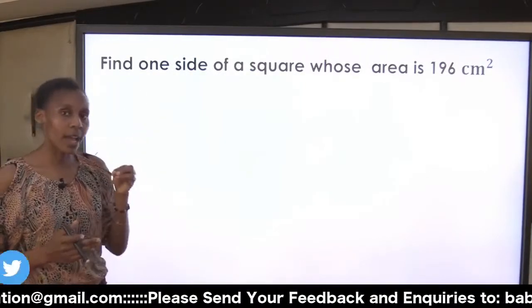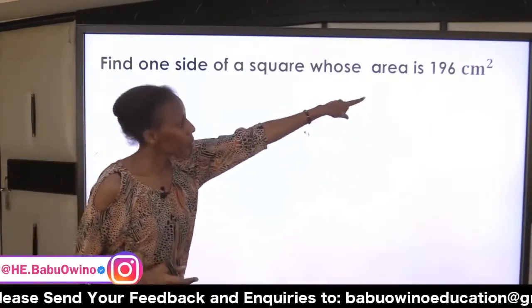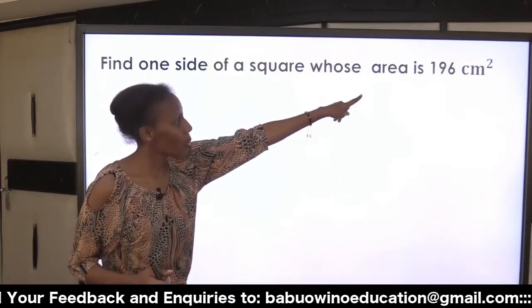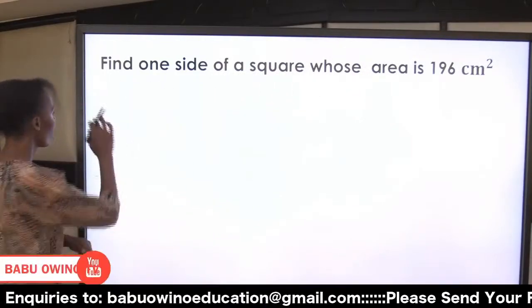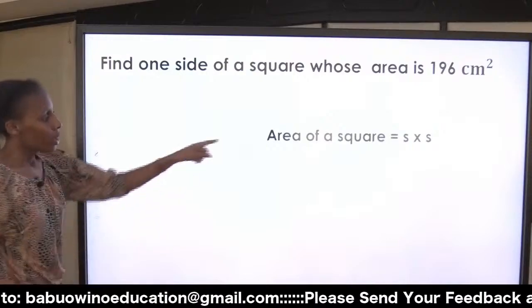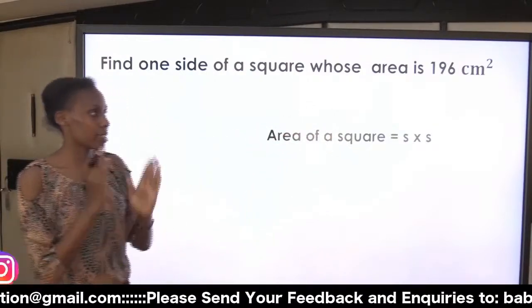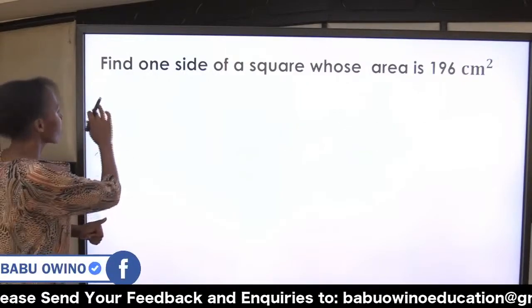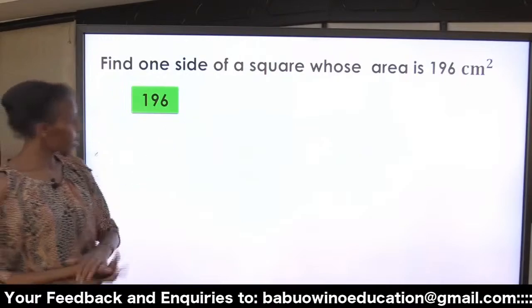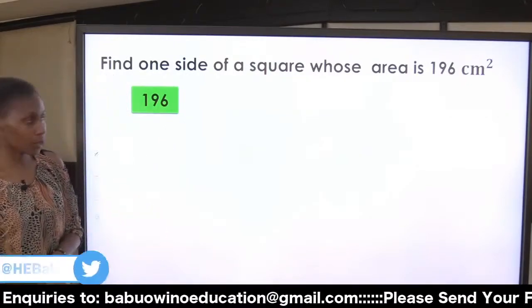The same number we multiply by itself to get the area. So we are going to apply the skill of square root so that we are able to find one of the sides. Okay, area of a square is side times side, and in our case, we don't know what is S, but we have the answer, which is 196 squared. So I write my 196 and I start to factorize.